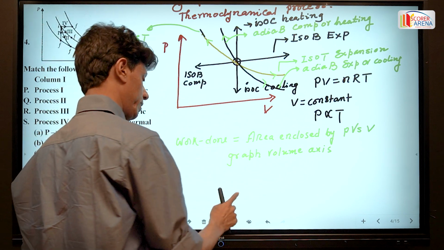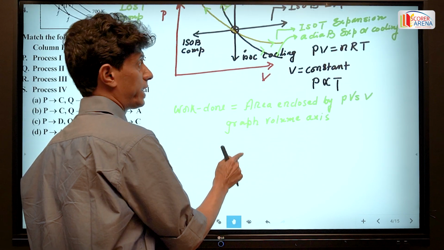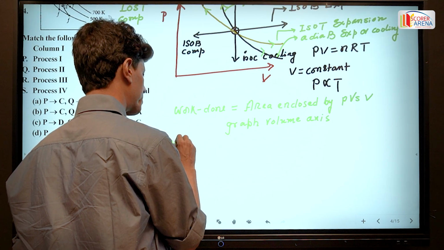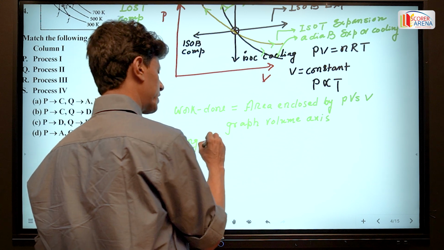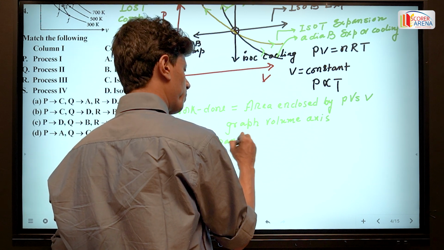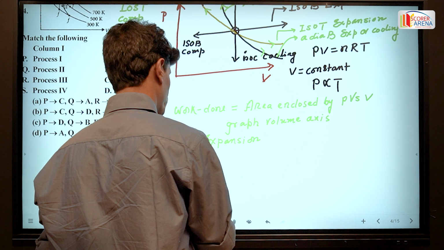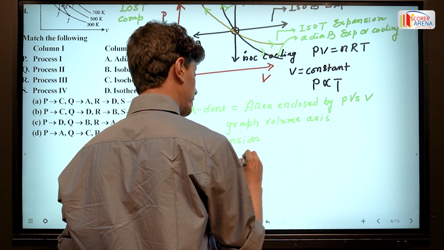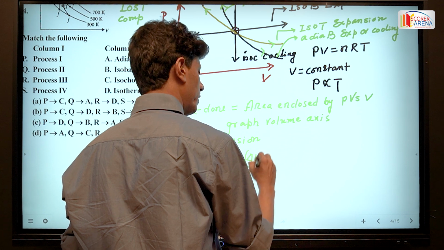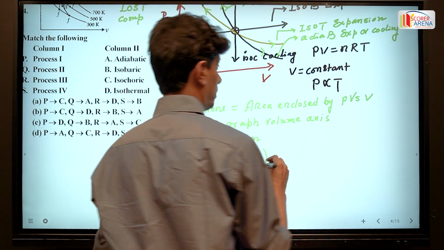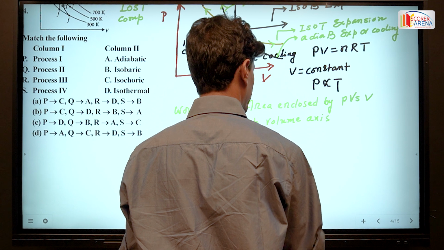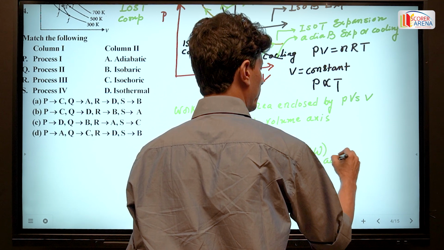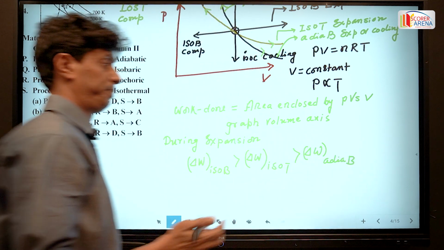So during expansion, from the graph we can say work done in iso-B process is greater than work done in iso-T, greater than work done in adia-B.